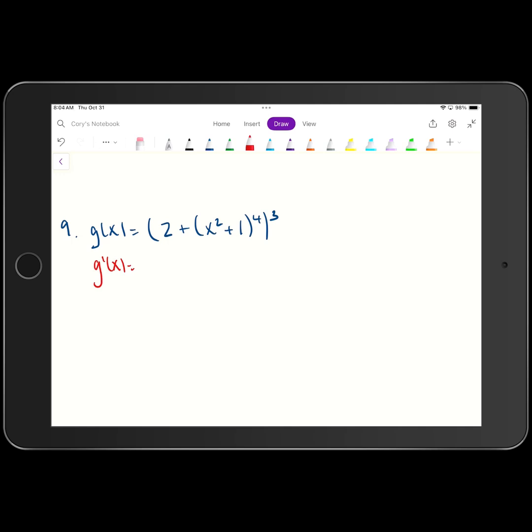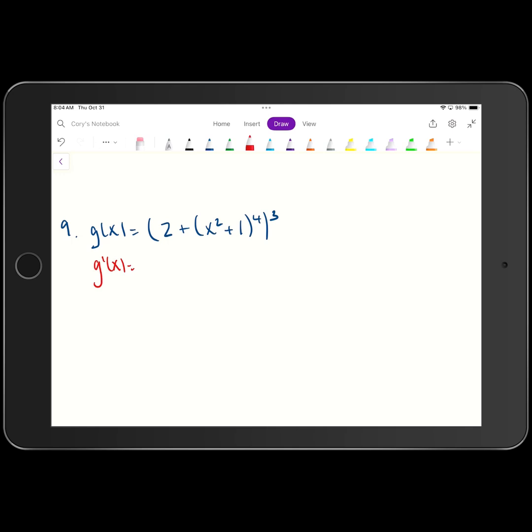So we have 2 plus the quantity x squared plus 1 raised to the 4th power. And then we're taking that whole quantity and cubing it. So when we look at that function, the outermost function in the entire composition is x cubed.